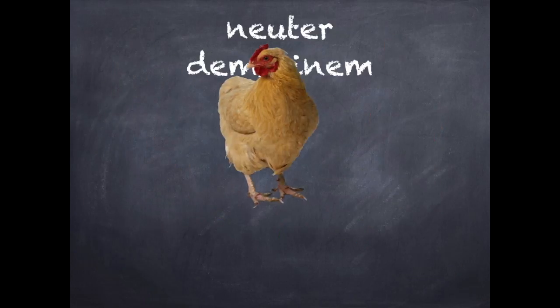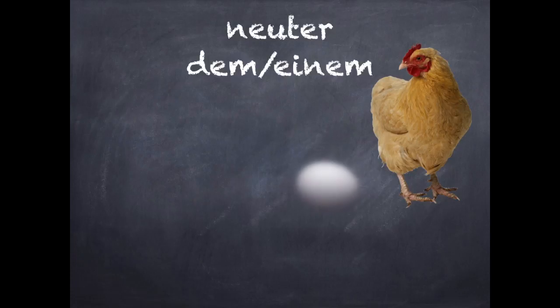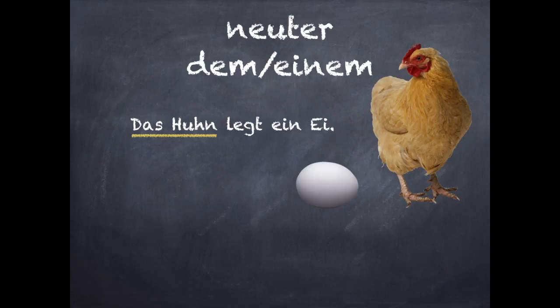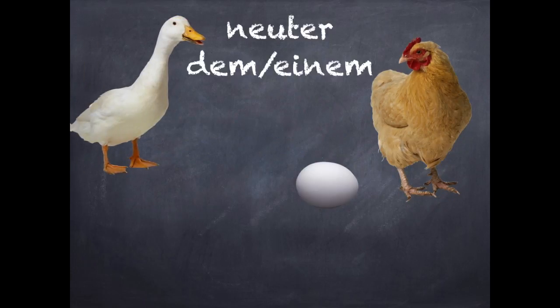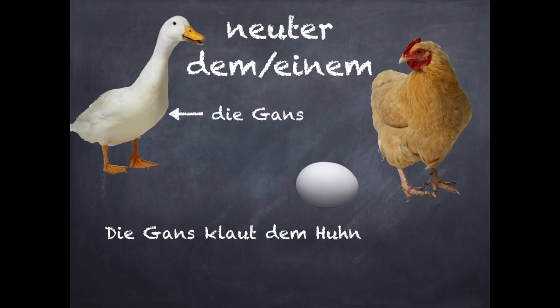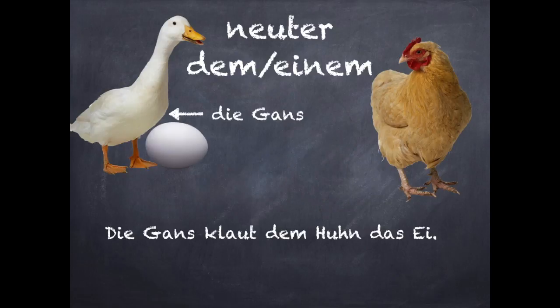And we continue with the neuter, with the dem or einem, and we have a chicken, and the chicken lays an egg. So das Huhn legt ein Ei. Das Huhn being our subject, and the egg being our direct object, the thing that it lays. But then comes the goose, die Gans auf Deutsch, and it steals the egg. So die Gans klaut dem Huhn das Ei.